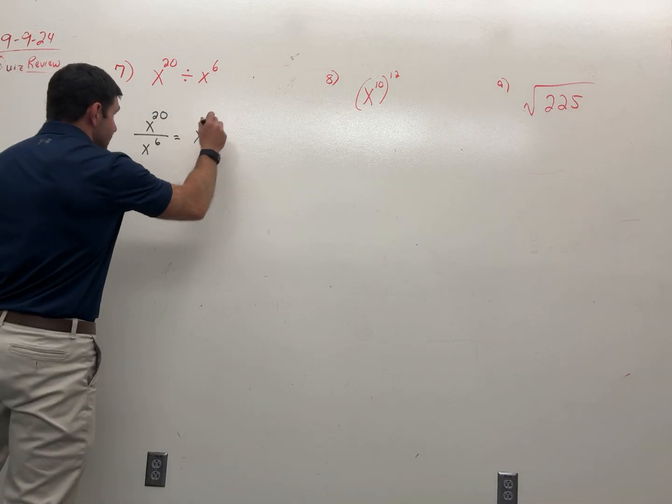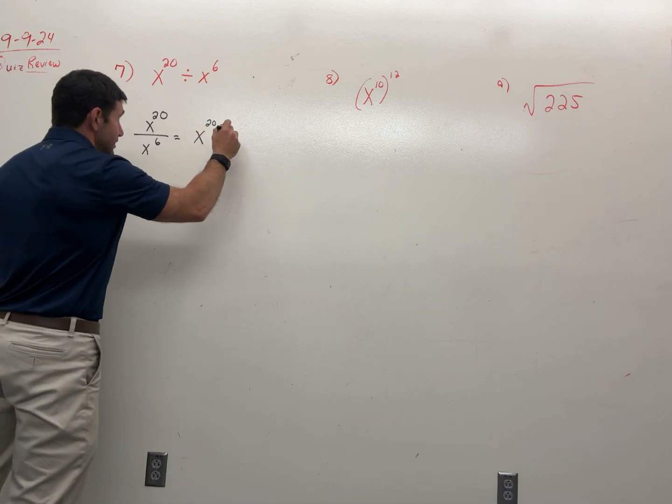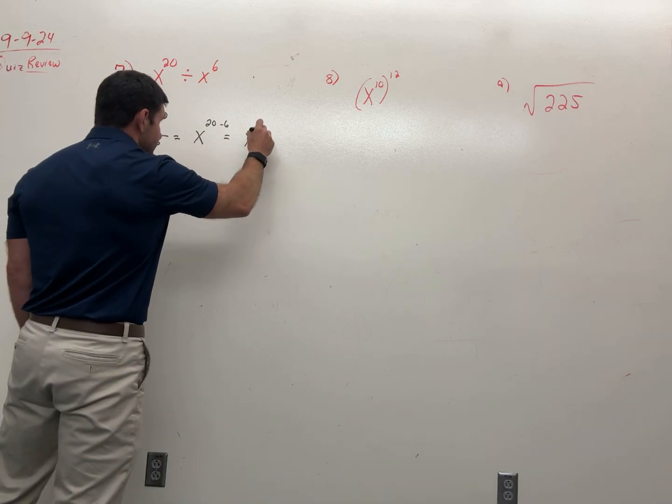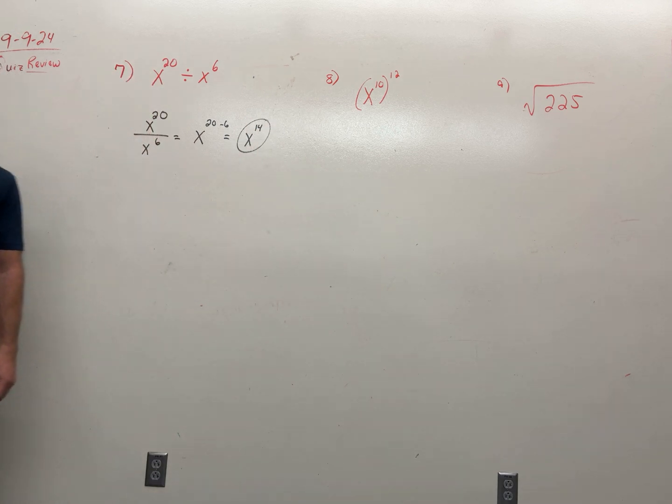So multiplication is add, division is subtract. 20 minus 6 is 14. We have x to the 14th. I'm telling you right now that you need to go back and rewatch the videos on exponents and take some good notes. Some of y'all might not have good notes on exponents. So go back and rewatch those videos so that you have the notes.